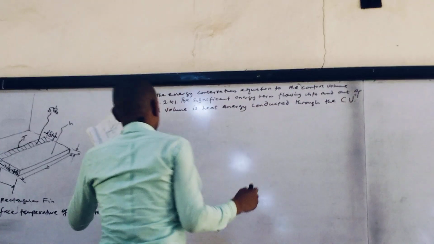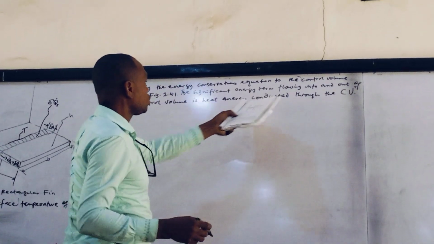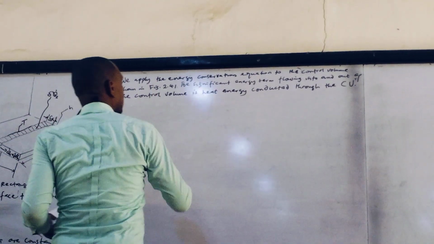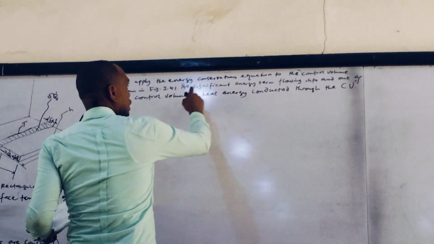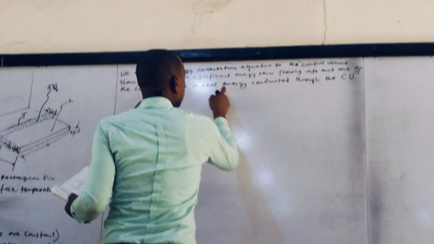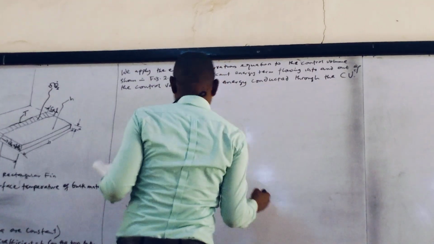And see, so we apply the energy conservation equation to the control volume. That's the control volume, which we call the differential volume. So the significant energy flowing into and out of the control volume is heat energy conducted through the control volume.